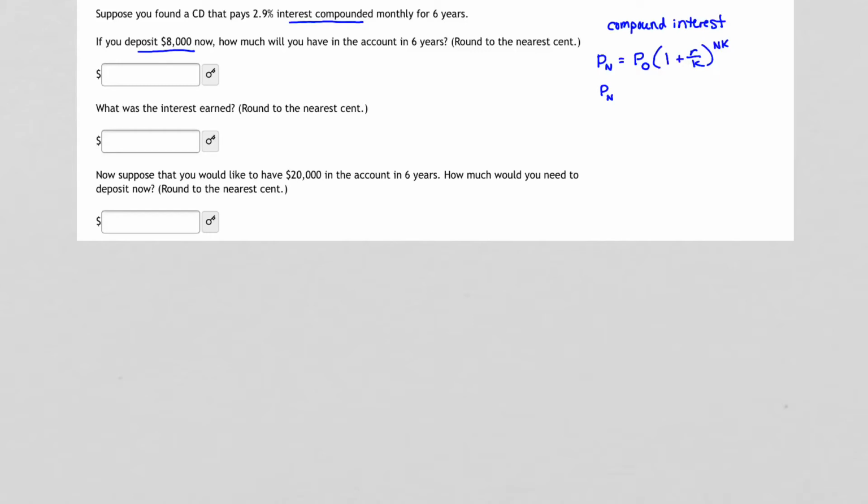P sub n means our principal, or money in the account after n years. If you like, our future value, right? Our future value. P sub 0 is our initial principal.